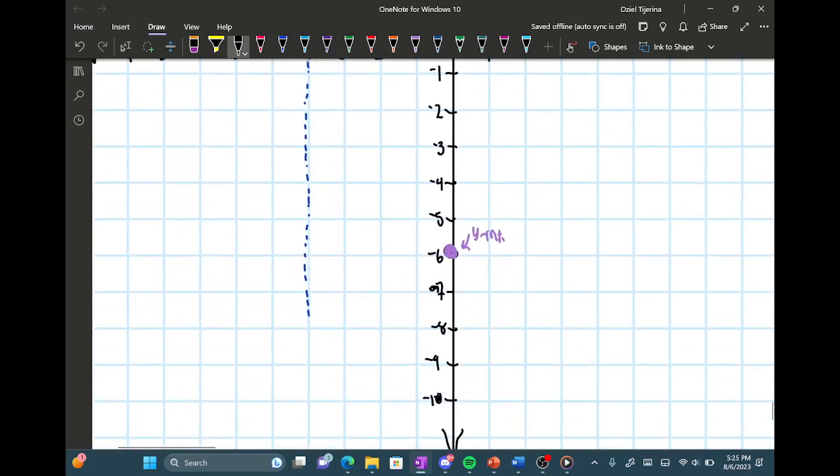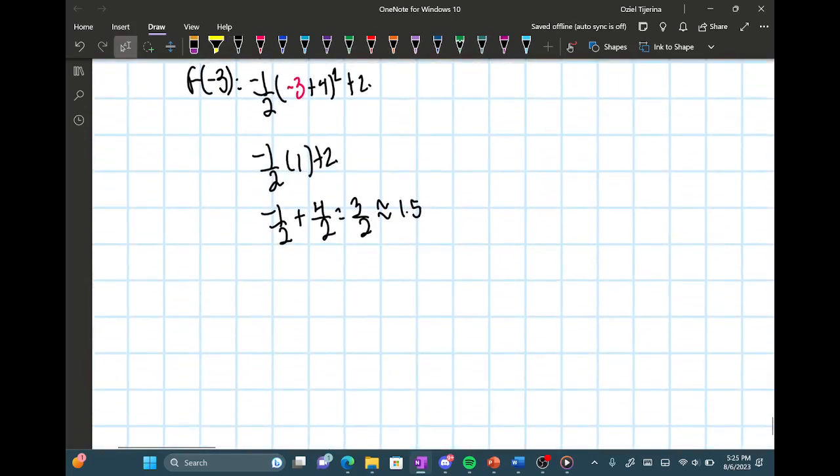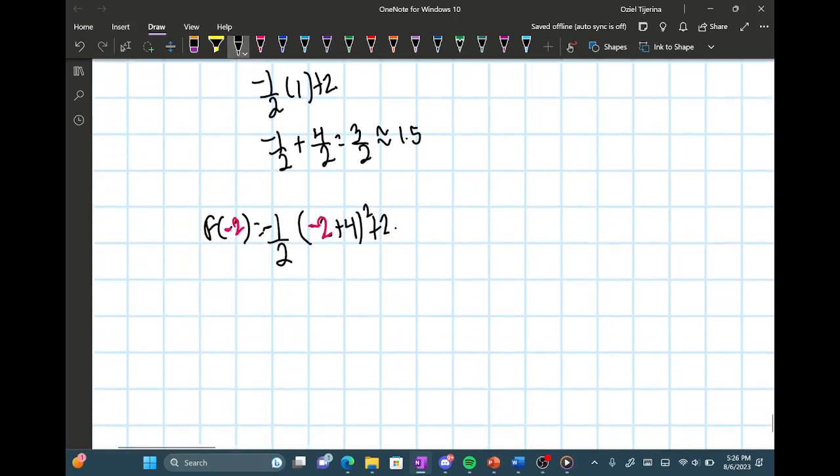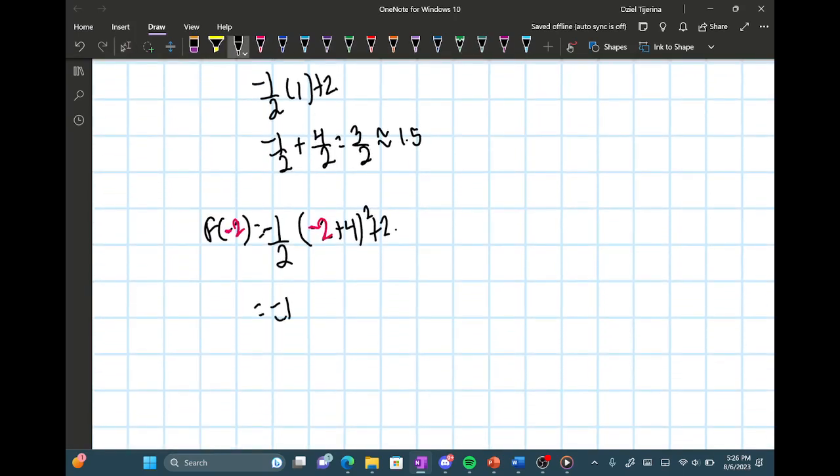And then when x is equal to -2, we're just going to keep going. f of -2 is going to be -1/2 times (-2 plus 4) squared plus 2. So again, we're just plugging in our values, and now we're going to simplify this. -2 plus 4 is 2, then squared, plus 2.